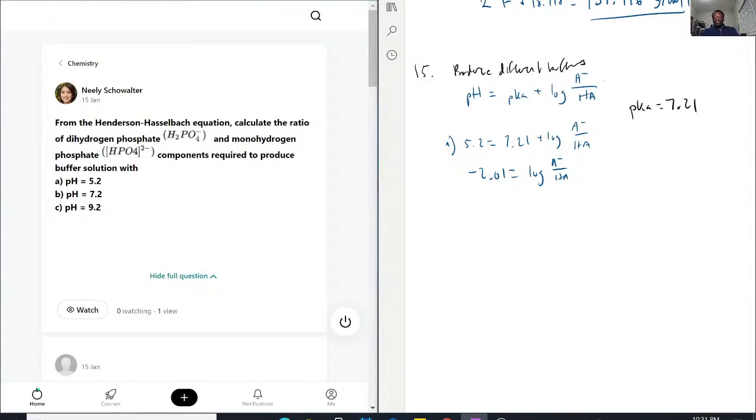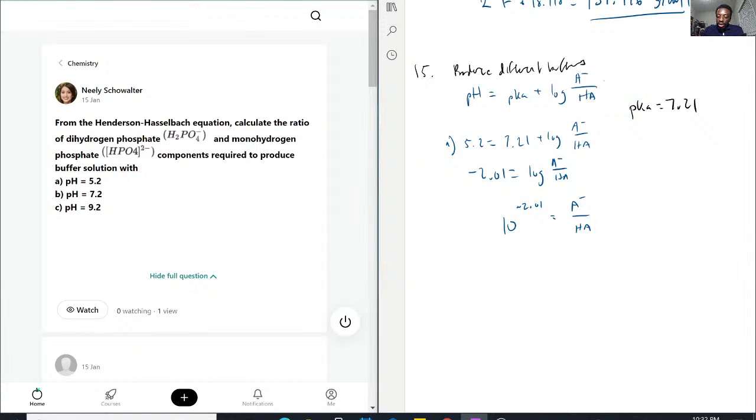so let's now convert this over to a power. We have 10 to the power of negative 2.01 is equal to A minus over HA. So that's 10 to the power of negative 2.01, which is 0.00977.